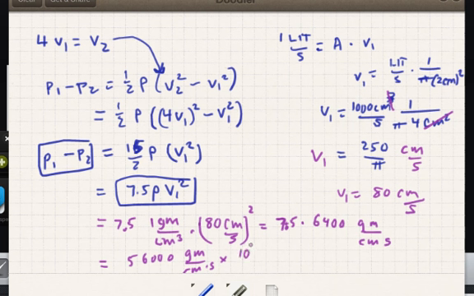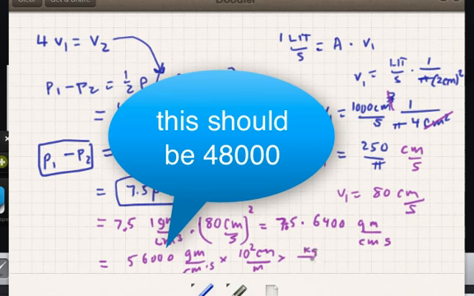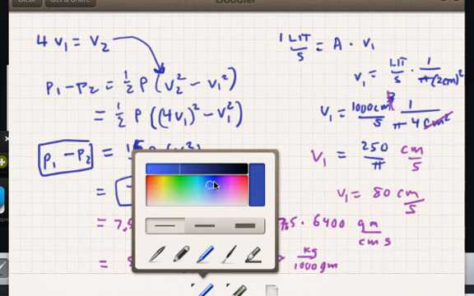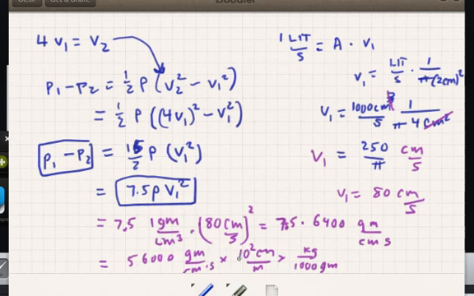Times 100 centimeters in a meter, times 1 kilogram is 1,000 grams. So you can see that this cancels somewhat. We have 100,000, that leaves 10. Centimeters, grams.